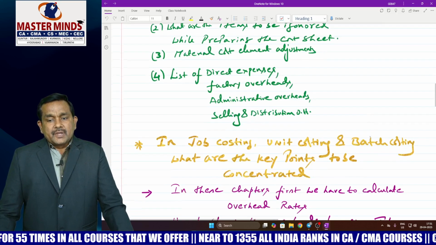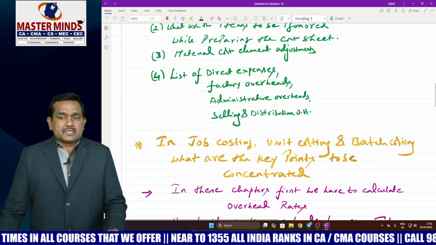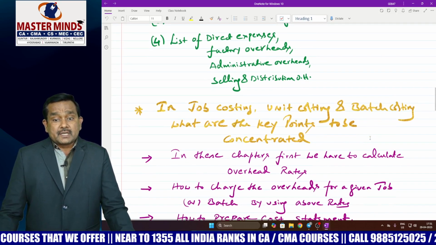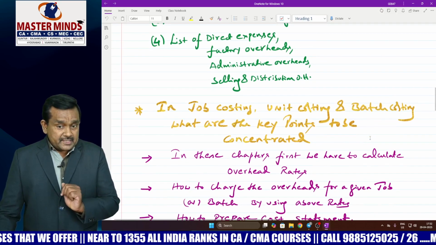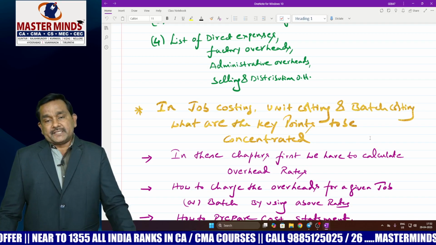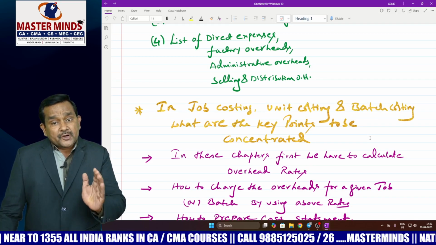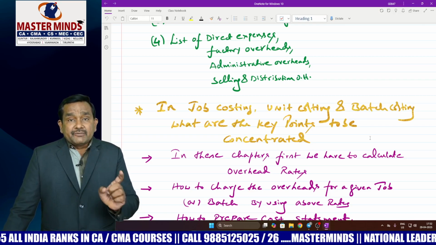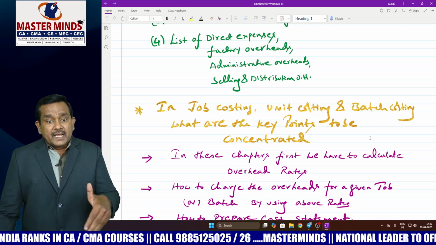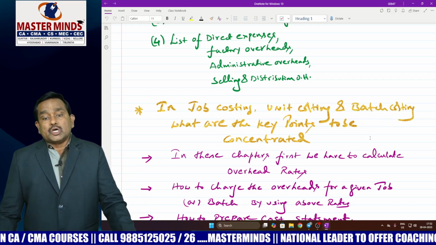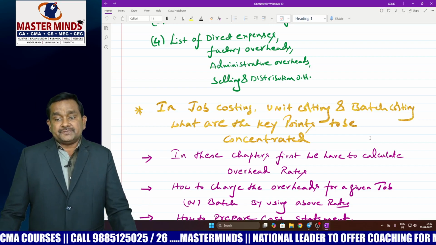Okay. In job costing, unit costing and batch costing, what are the key points to be considered, sir? First, in these chapters, we have to calculate overhead rates. Please focus on how to calculate overhead rates. Next, once rate calculation is completed, focus on how to charge the overheads for a given job or a given batch.